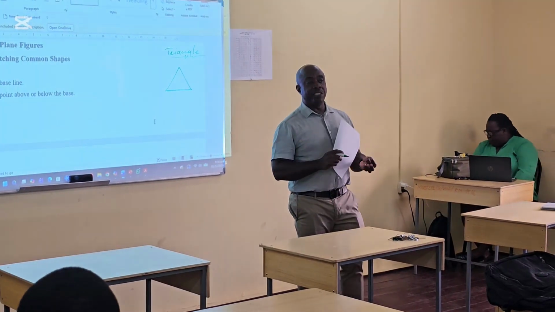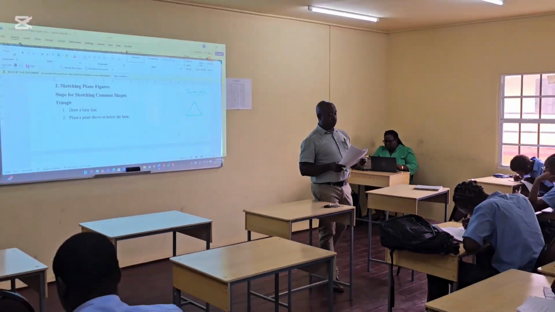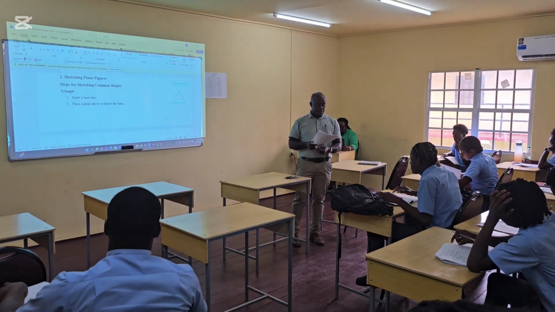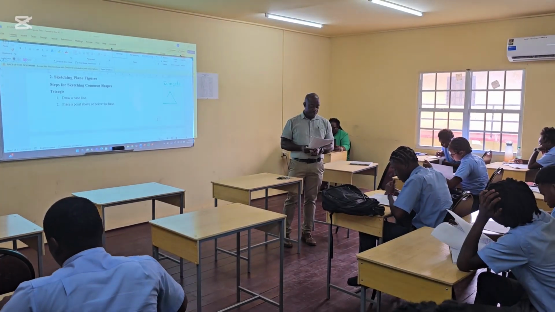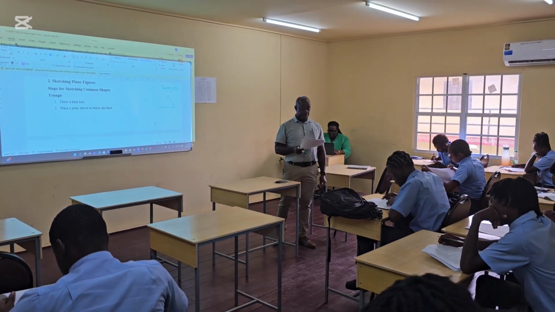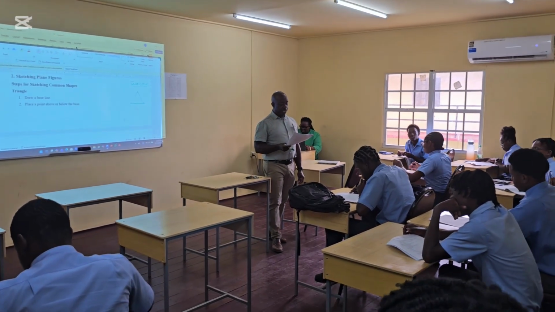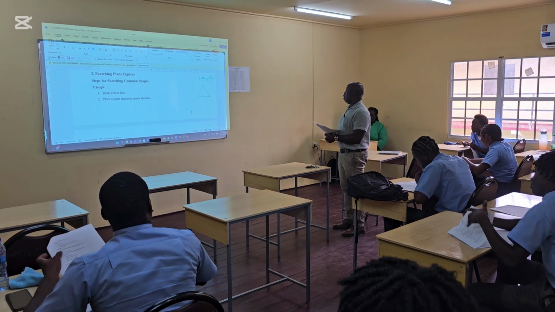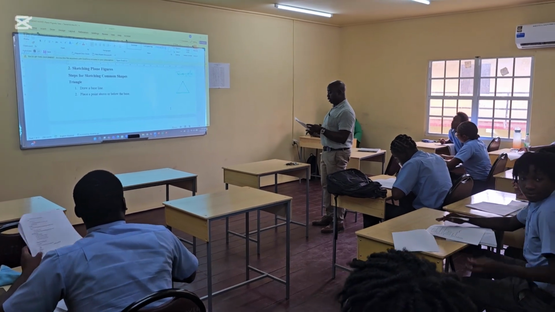Going back to what is a plane figure, it has length, it is a flat, two-dimensional shape, and it could have area. Let us look at how that triangle looks.